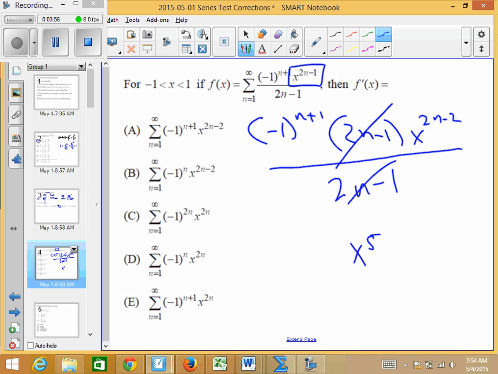Things cancel out. So this one is going to follow. I think it looks scary, but it's all the same thing, one time fast.